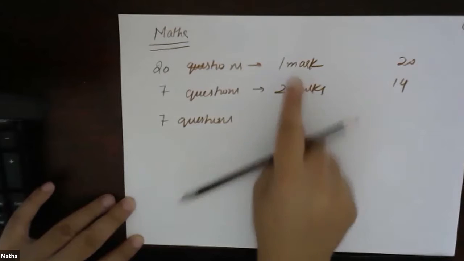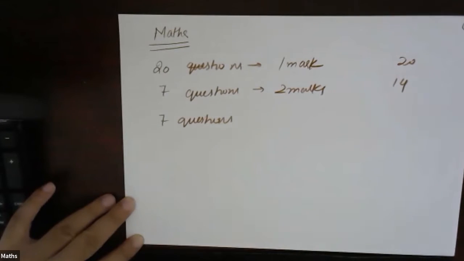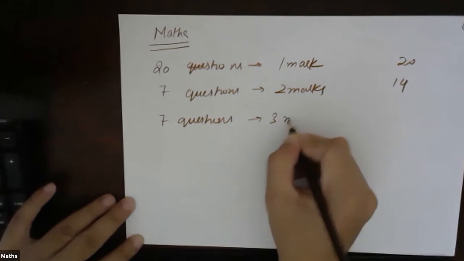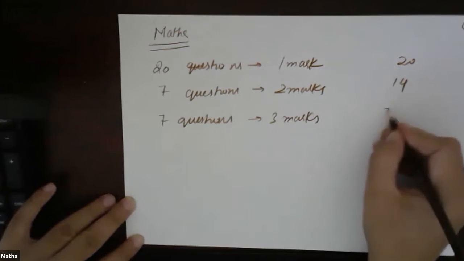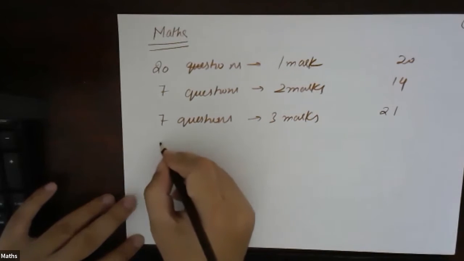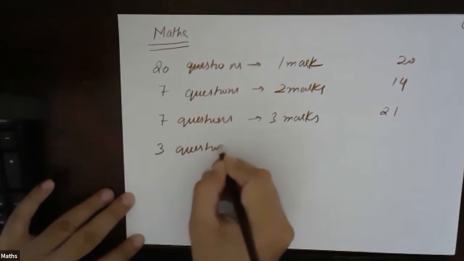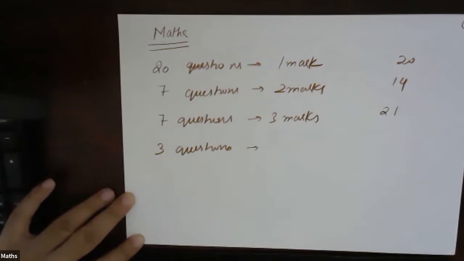So 20 questions of 1 mark each, 7 questions of 2 marks each, then 7 questions of 3 marks each, so you'll have 21, right? And then you will have 3 questions with 5 marks.